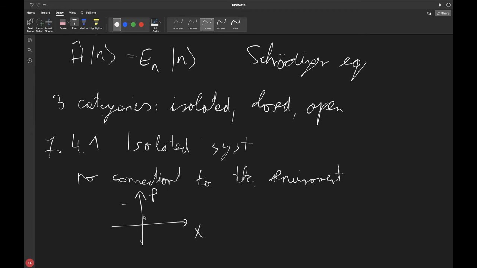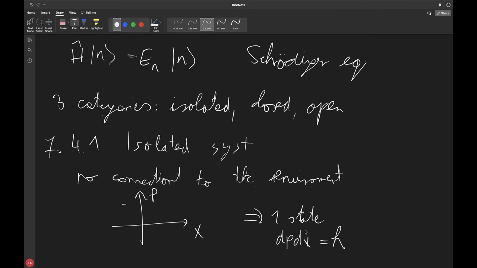If you can draw a spot here, that's going to be a state, and everything which is possible will be on this plot. In the quantum world, the unit is Planck's constant. So one state will have the area of h. If we look at one state on this plot, with a little p and a little x, it will have the area of h.